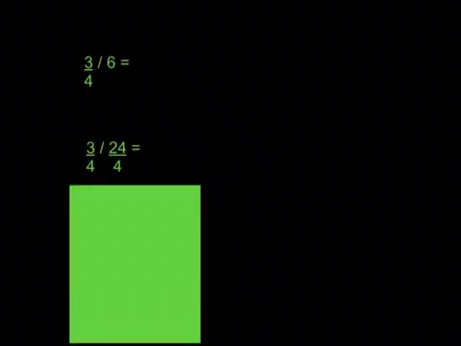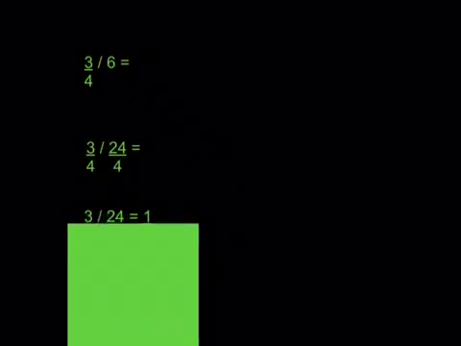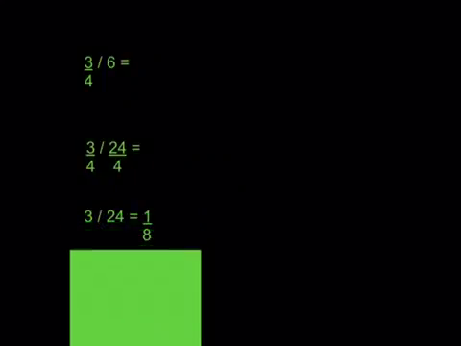So now 24/4 is equal to 6 whole. Next, we are going to divide 3 by 24, and there are 8 3s in 24. Therefore, the quotient is 1/8.